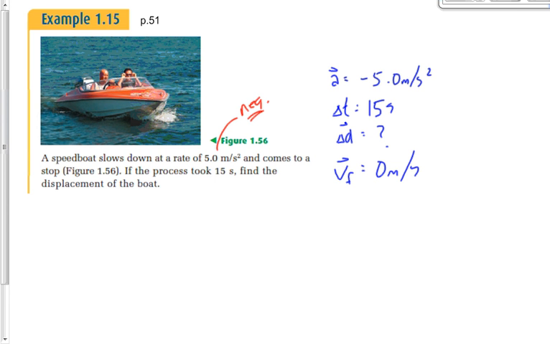Why am I not allowed to even try that one? Yep. It's not a constant velocity. It's slowing down. It's not a constant velocity, so I can't use that one. All right, so which one do you want to try there then?